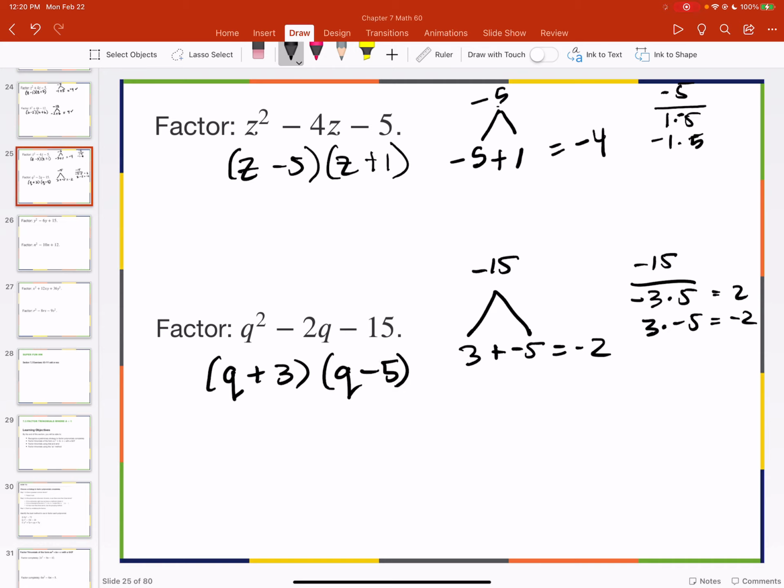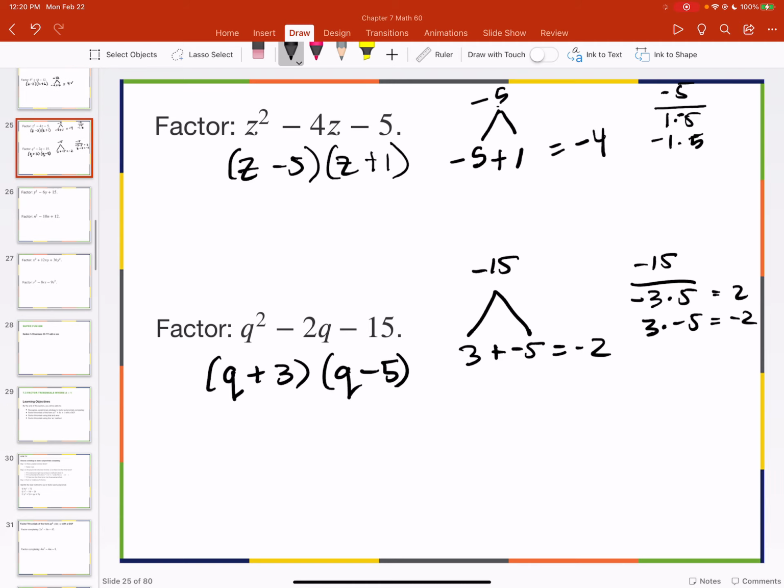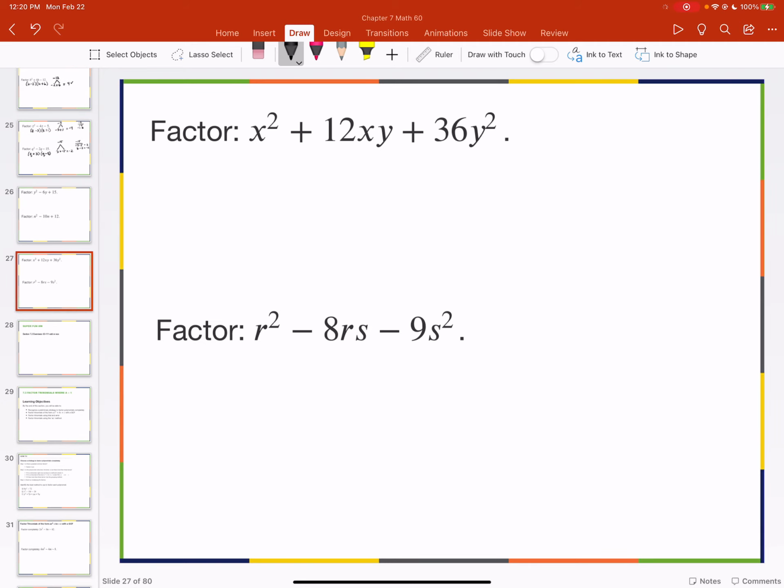All right, now let's do some that have 2 variables. Now the only difference is that you have this y squared here, okay? So basically you're doing 36y squared. What are the factors of 36y squared that add up and become the middle term? Since the term is an x, we'll just consider it a part of the middle term, right?